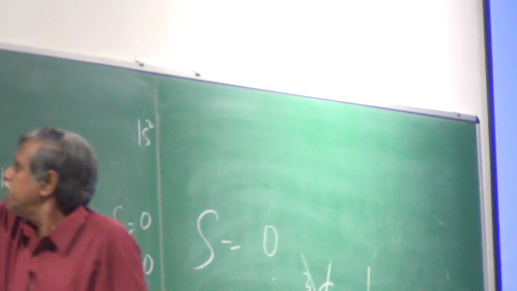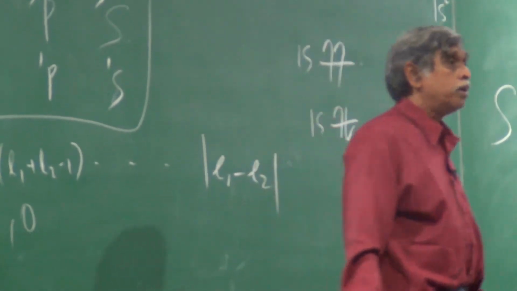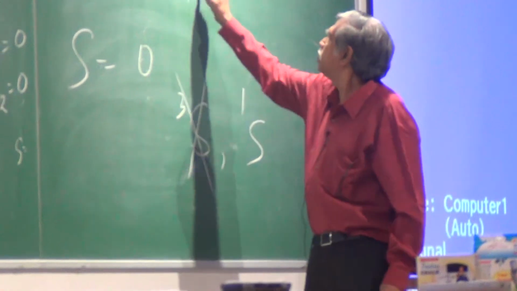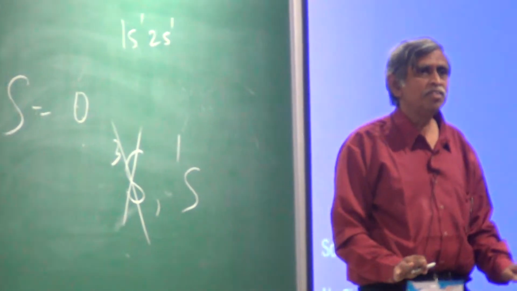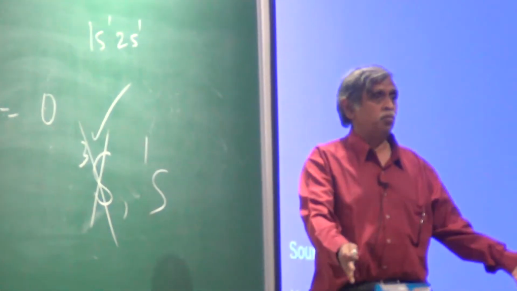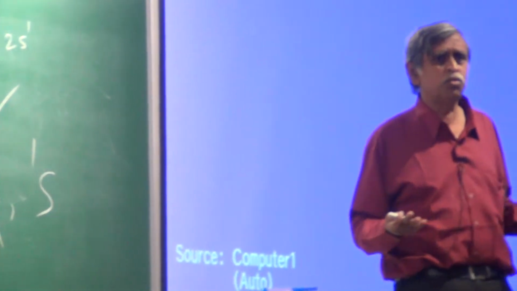Likewise, these are the states I would get if the two electrons were non-equivalent. If I take helium, for example, and instead of 1s2, I make it 1s1, 2s1, then what happens? Same states are possible. Now, triplet S becomes allowed, simply because there are two different orbitals, there is no issue about the Pauli exclusion principle.